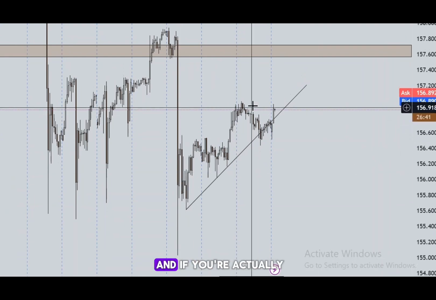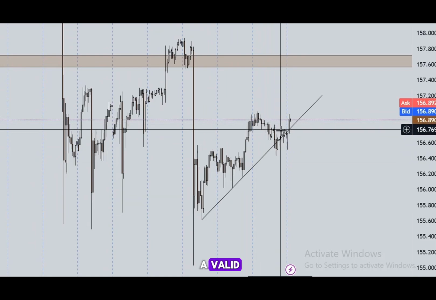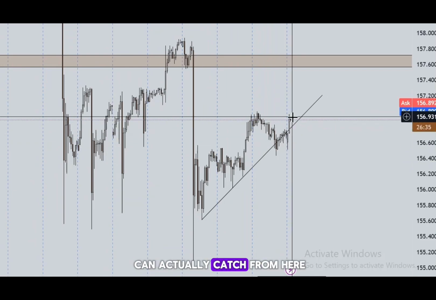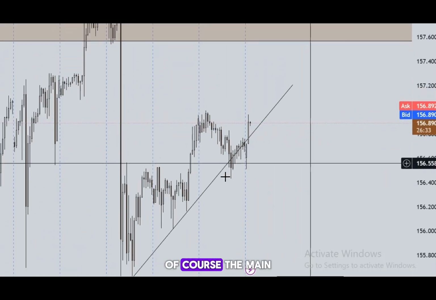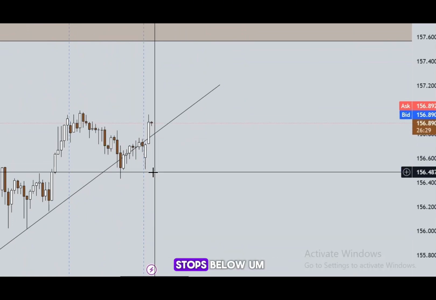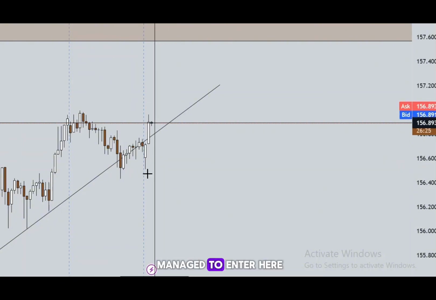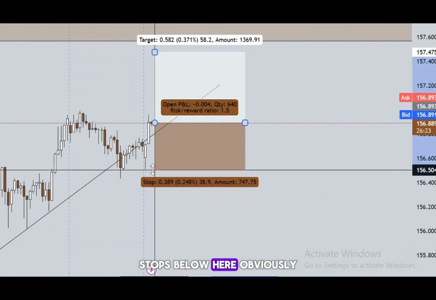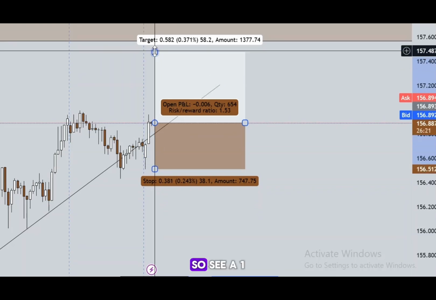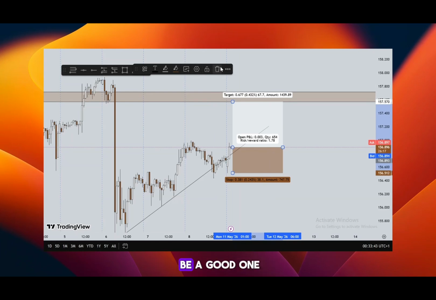If you're looking at this alone, it's a valid bullish structure that you can cash from here. Of course, the main entry would have been around here, but if you could enter around here with stops below, say 1 to 2, not precisely, it could be a good one.